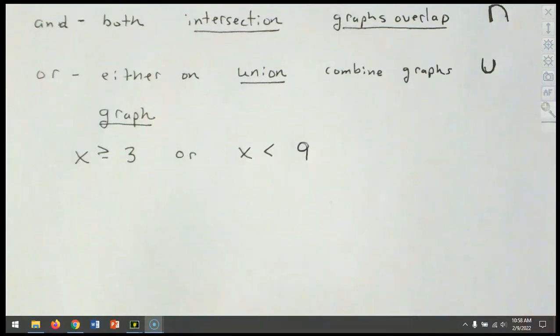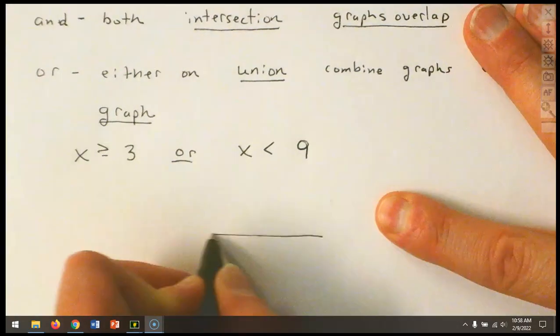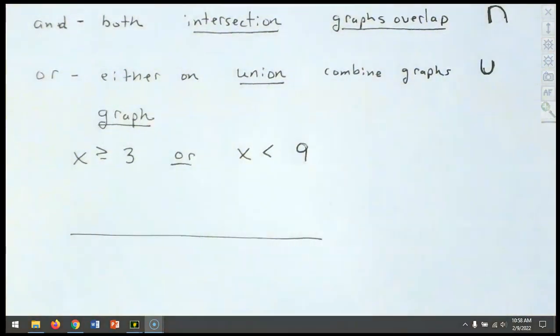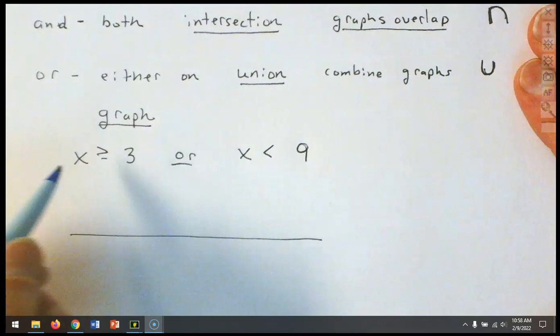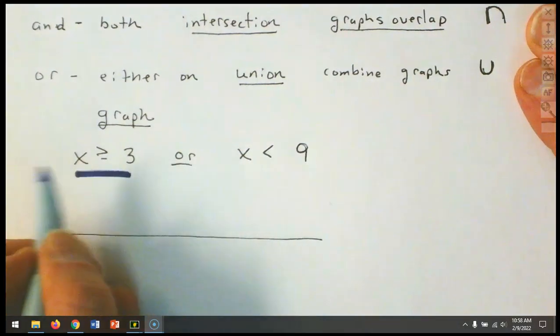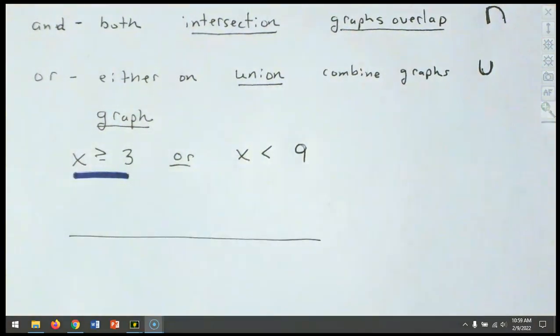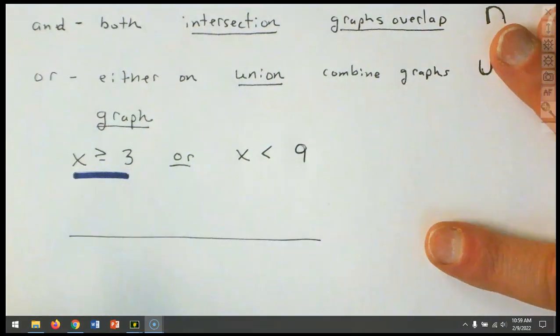Now this is an or. What we're going to do is we're going to graph both of these. And I'm going to try to use different colors, so hopefully you can see the 2 different graphs. So let's look at x is greater than or equal to 3. I'm going to try and graph this one in blue.